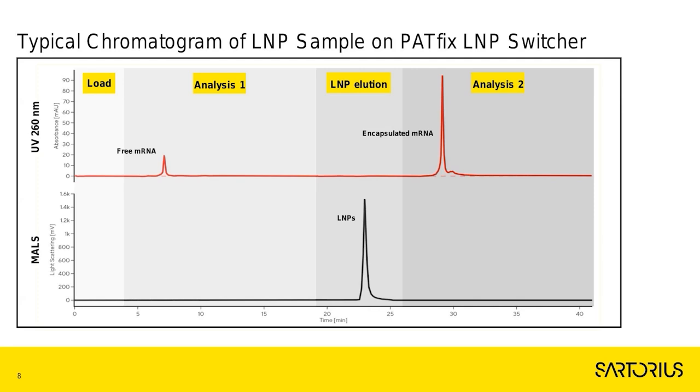Then after destroying them or opening them on the column, we can then quantify the encapsulated mRNA, which you can see on the right of the chromatogram. And using this basically allows us to quantify encapsulation efficiency, particle size, and so forth.